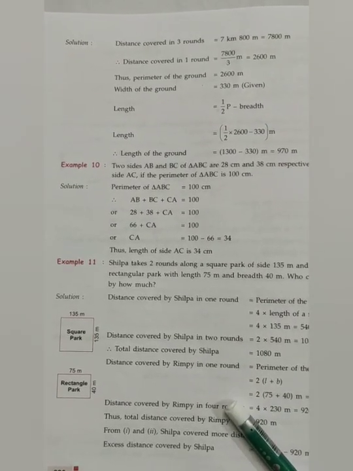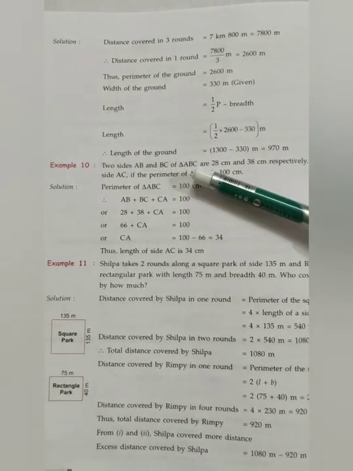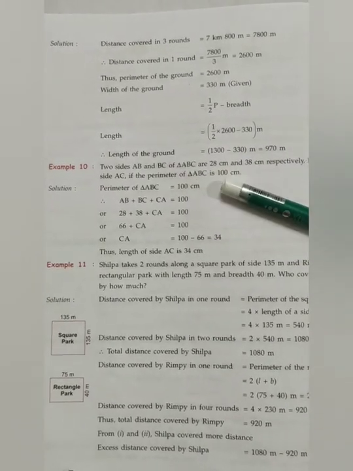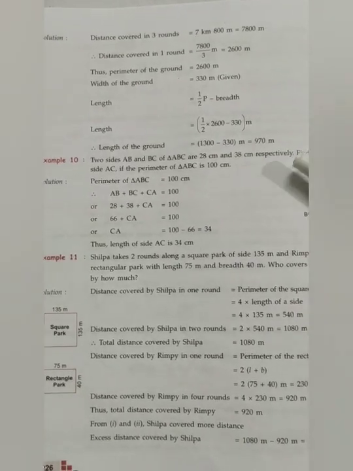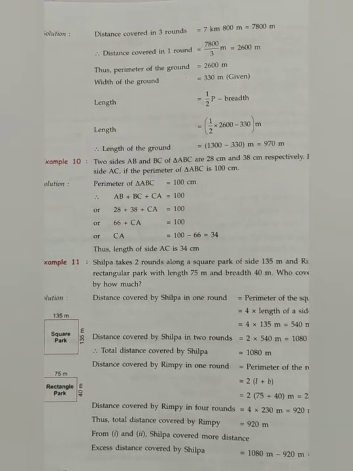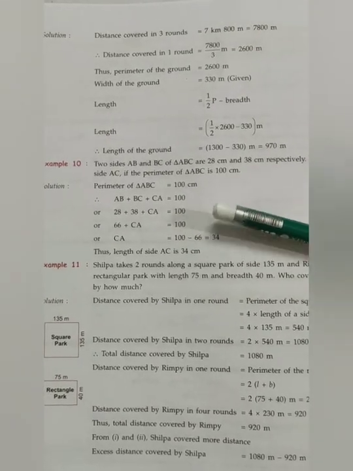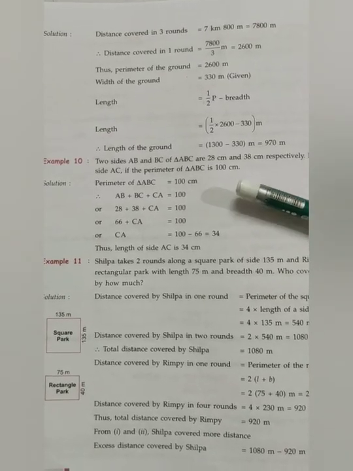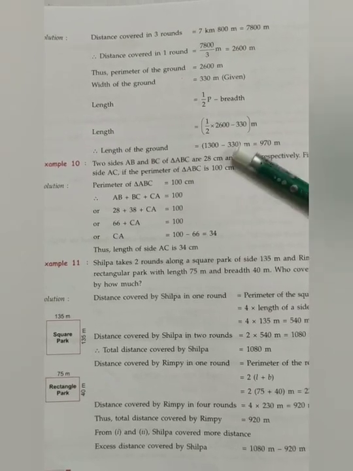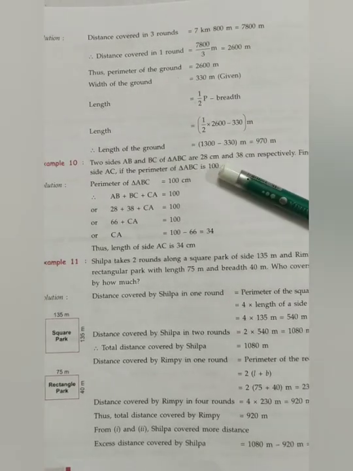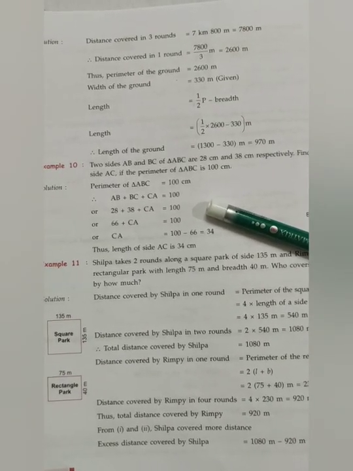Then comes example 10. Two sides AB and BC of triangle ABC are 28 cm and 38 cm respectively. Find the length of the side AC if the perimeter of triangle ABC is 100 cm. So here two sides of a triangle are given.